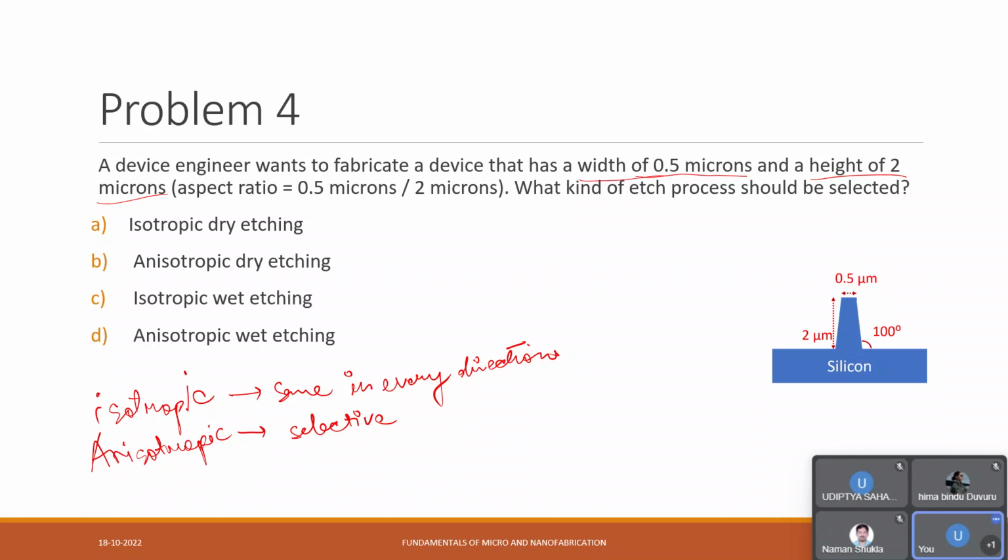If you remember, when we have KOH solutions and we have a 100 plane here, if we start etching it, it will have this behavior, and this angle is 54.7.